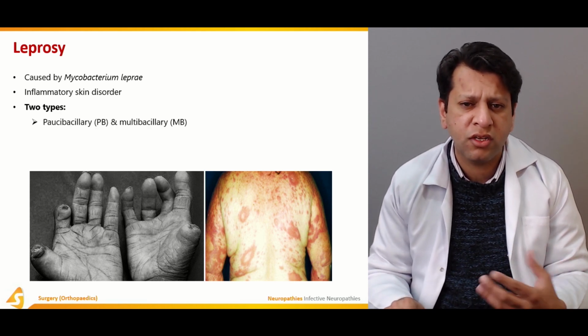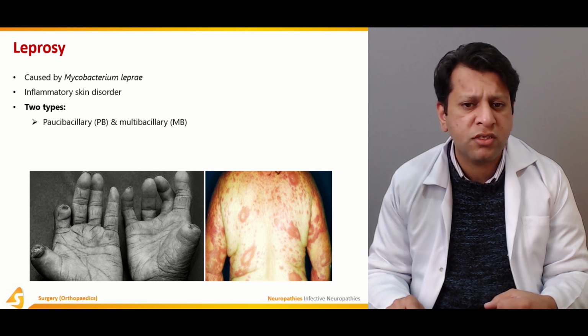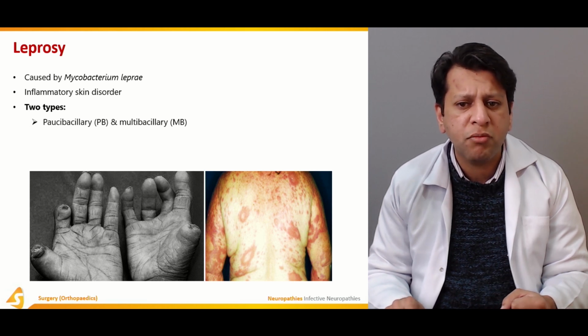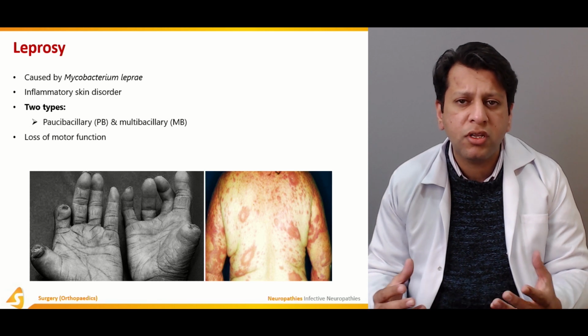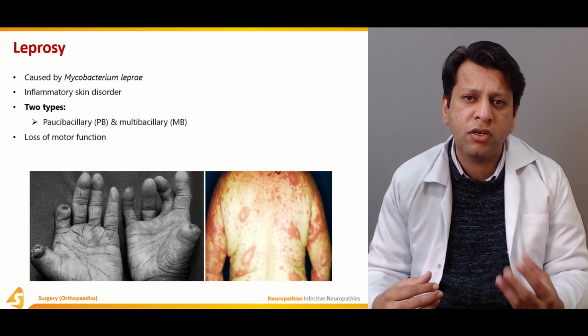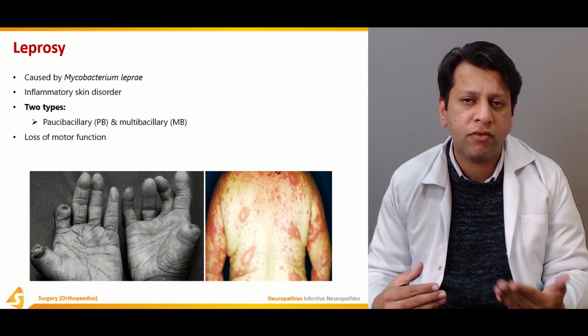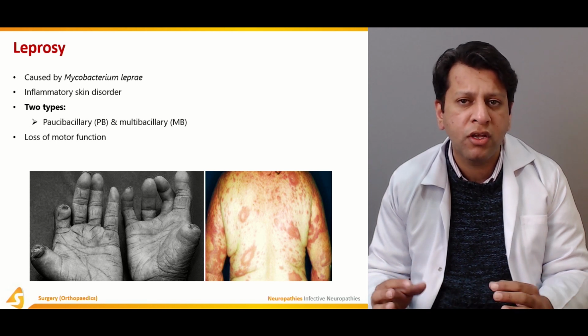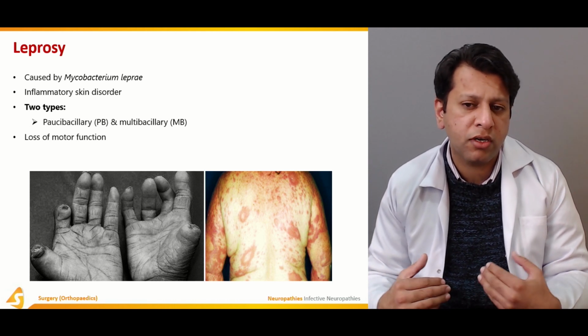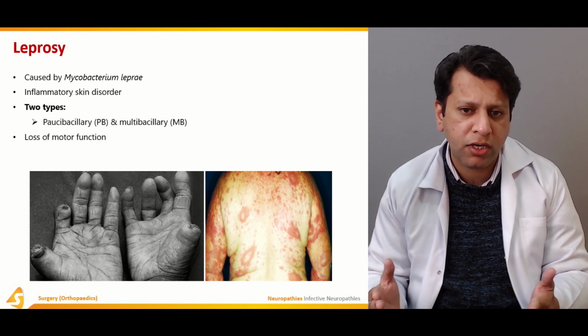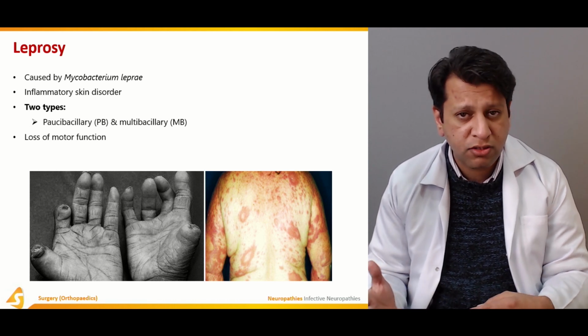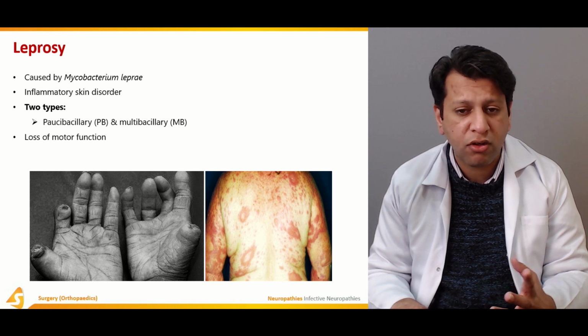Classically, there are two types, called paucibacillary and multibacillary. In paucibacillary, if the granuloma is sampled for histopathology, there is usually a very small amount of mycobacterium, but in multibacillary, a lot of mycobacterium is present. As it involves the nerve, there is also associated loss of motor function.